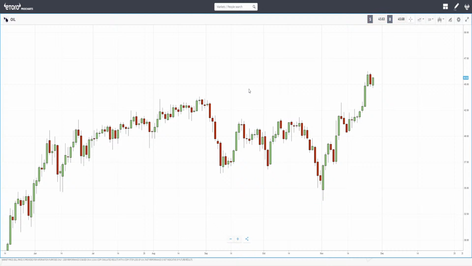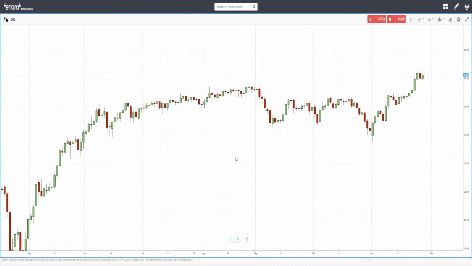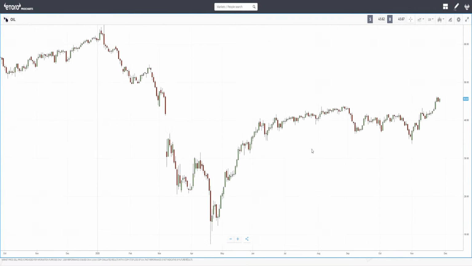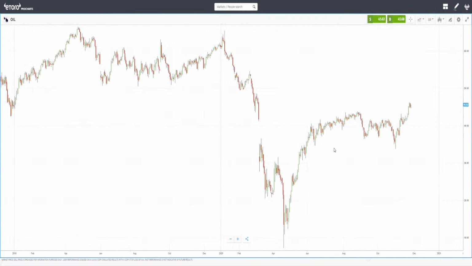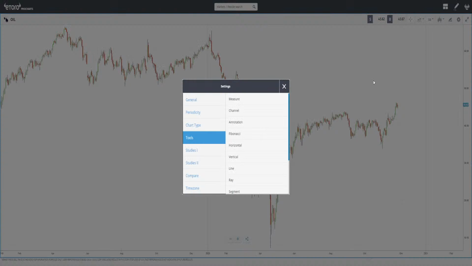So the first thing on our list, the first indicator or method that you can use, is the moving averages. These are the most common technical analysis tool that you will ever use. And the way you put them on the screen, you basically go to this pen here, and then you have the tools, you have studies, and you have to go down towards study 2.